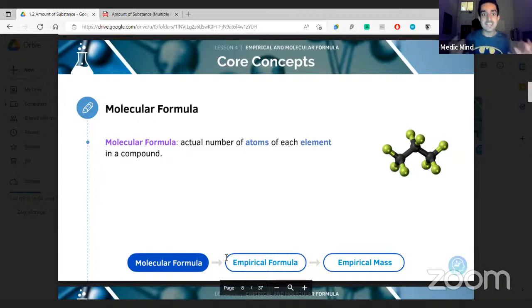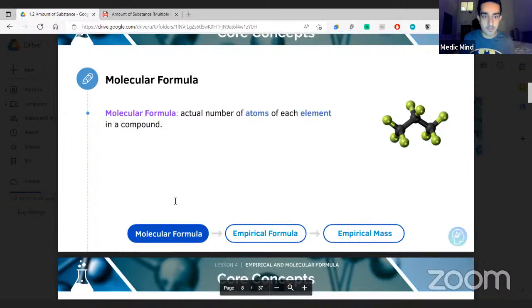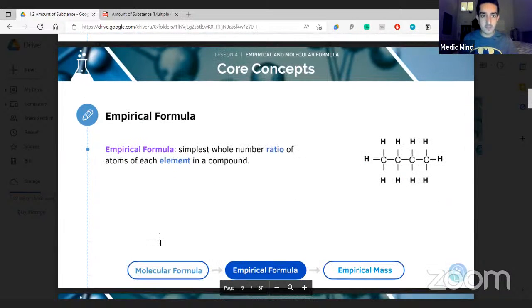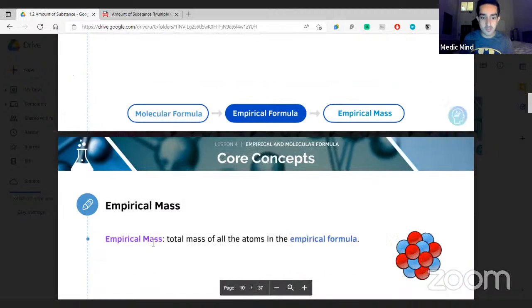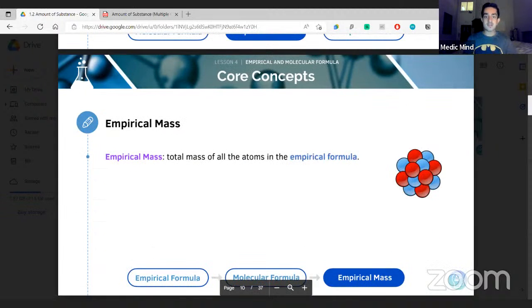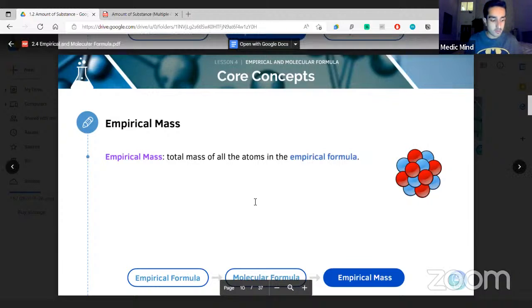So this is the literal what this compound is made up of. The empirical formula, however, some of these compounds can be very complex. So what we're going to do is try and simplify that into a ratio to show the relative amount of each element that's present in the compound. The empirical mass is the mass of all of the atoms present in the empirical formula.